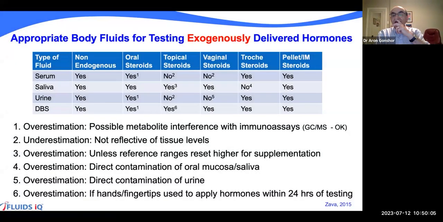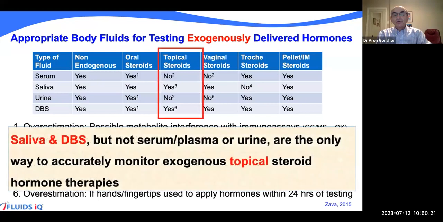This is a very interesting graph and table that came from Sava, who runs one of the very good labs in North America. It shows you all the appropriate body fluids for testing exogenously delivered hormones. And his message, which you can go to in detail if you want me to send this to you, is that saliva and dried blood spot, not serum or plasma or urine, are the only ways to accurately monitor exogenous topical steroid hormone therapies.